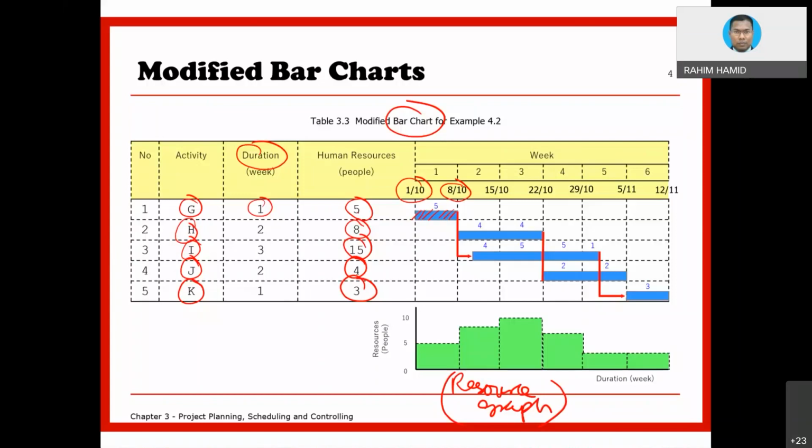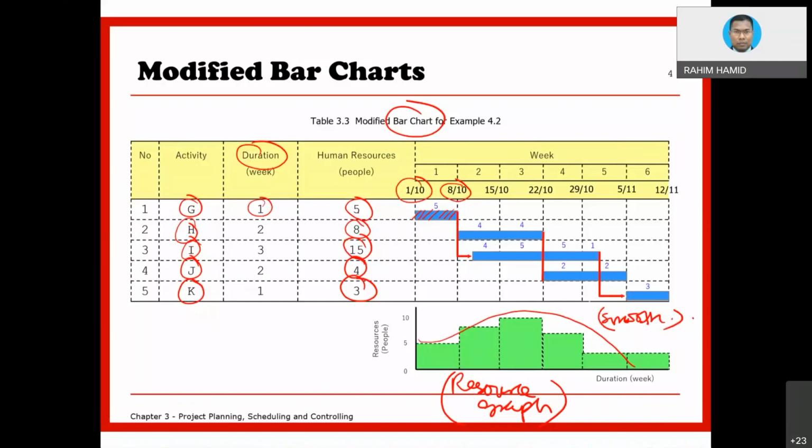In this situation, this graph, the very nice graph, is what we call a very smooth graph. But later on, when you develop your scheduling, the first round, the first version, the graph might not look like this.